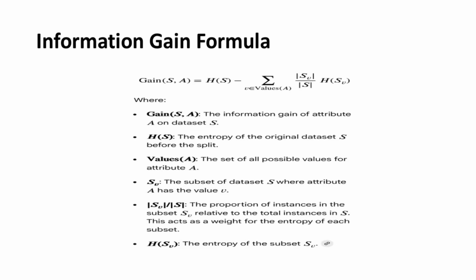Gain(S, A) = H(S) - Σ (|Sv|/|S|) × H(Sv). Here, H(S) is the entropy of the original dataset S before the split, and |Sv|/|S| is the proportion of instances in the subset Sv relative to the total instances in S, which acts as a weight for the subset entropy. And finally, H(Sv) is the entropy of subset Sv.